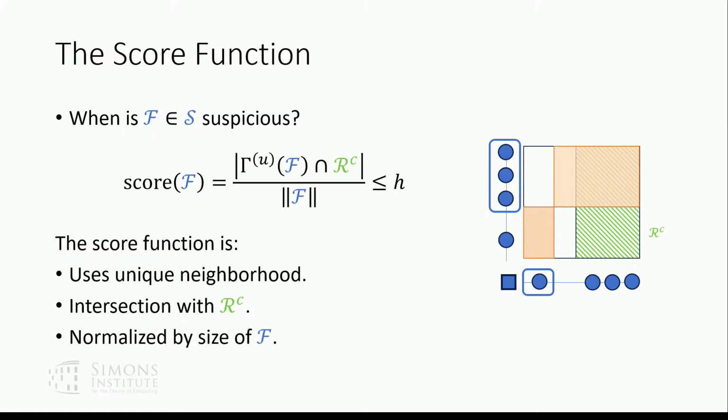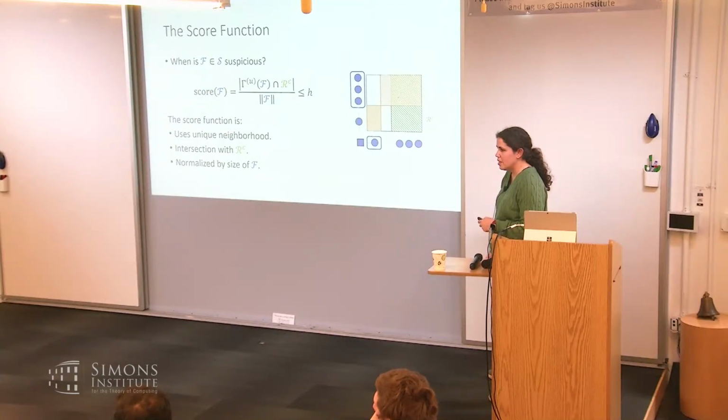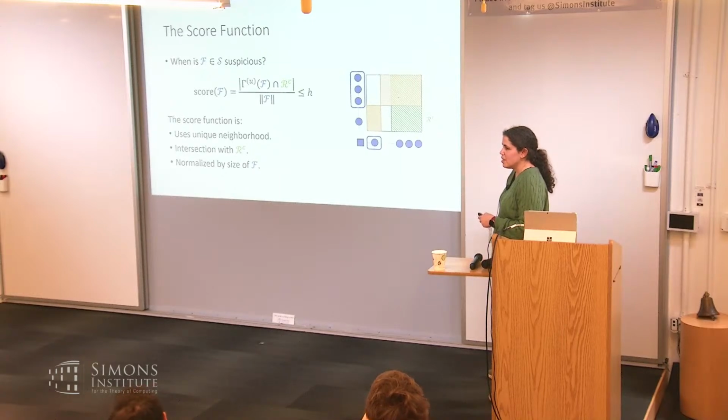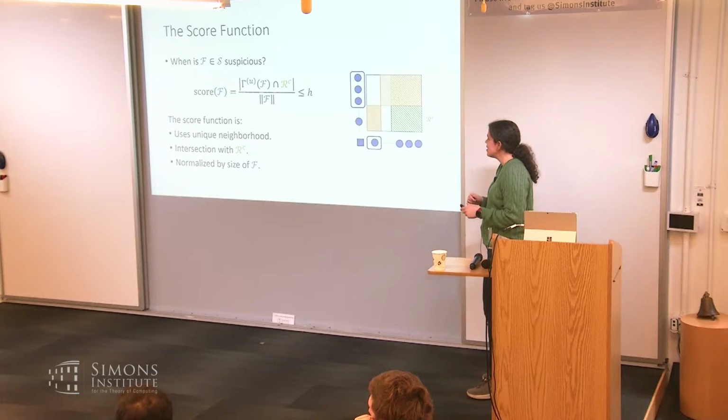And what does it mean that you intersect with the complement of the set? Because as I understand, you are looking at the set of unsatisfied checks from the unique neighborhood, on the intersection of the unique neighborhood with the non-suspicious set. So your left-hand side object is a set of checks. Yes.